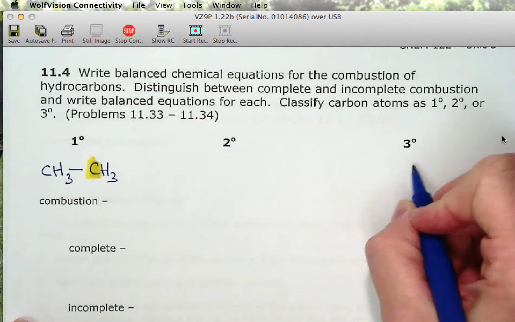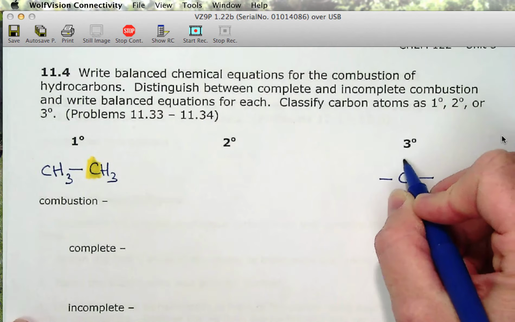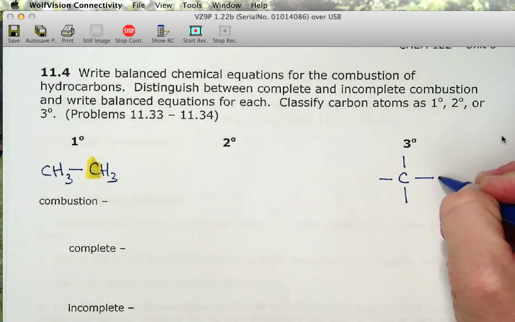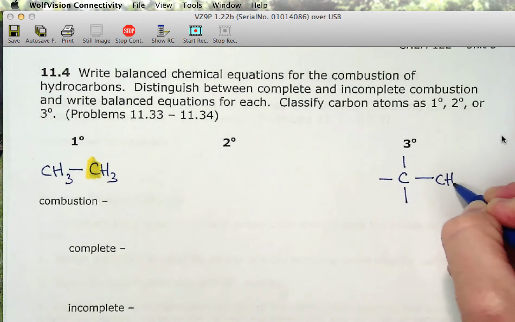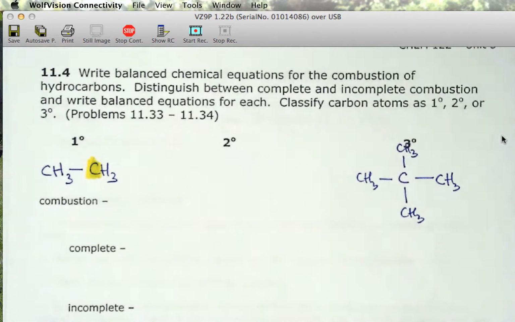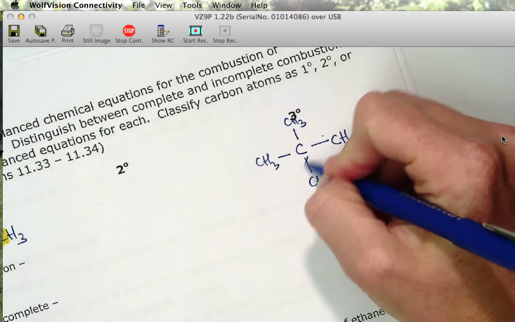Let's go from tertiary to primary. So if you have a carbon that is bonded to three other groups or four other groups, you have 1, 2, 3 groups bonded to this carbon.